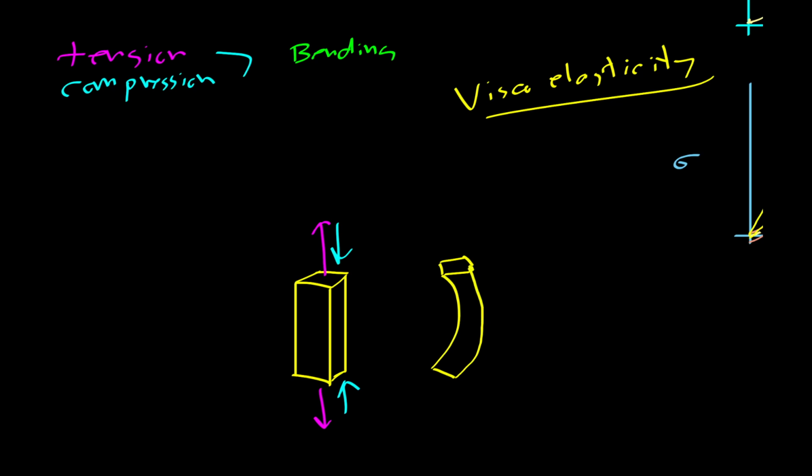And notice how that would induce compression on this side and tension on this side. So this part, if we bent this way, would be getting pulled apart here, and this side would be getting squished together. So you can think of bending as tension on one side, compression on the other side.